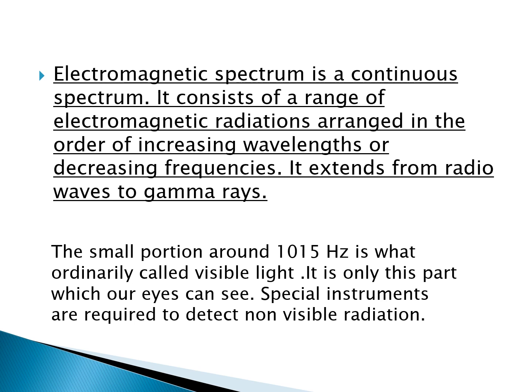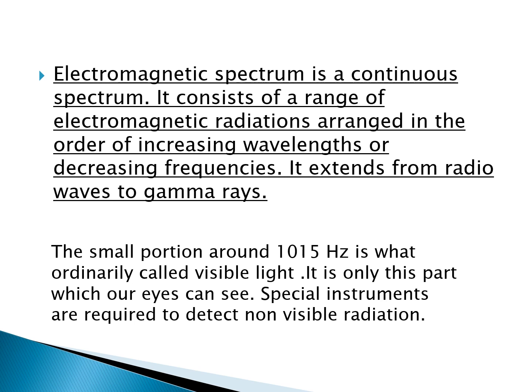Basically the electromagnetic spectrum is a continuous spectrum, consisting of a range of electromagnetic radiation arranged in increasing wavelength or decreasing frequency. If the wavelength increases, the frequency decreases. It extends from radio waves to gamma rays. Listen carefully: the small portion around 10 to the power 15 hertz is ordinary visible light.